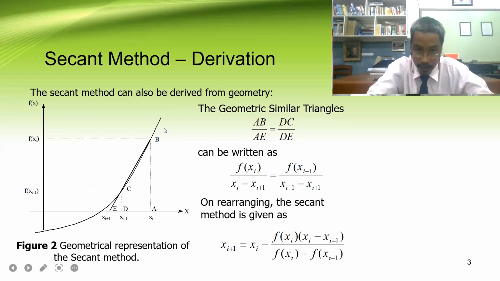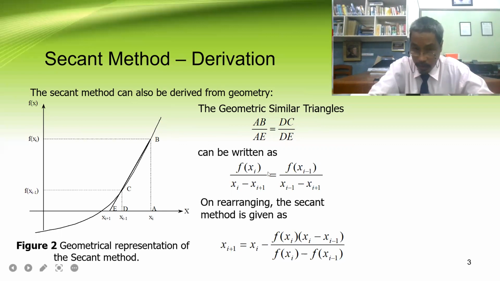So AB divided by AE, that is tangent, or the slope at xi, is equal to DC divided by DE, similar triangles. Take note, you have to review similar triangles in order to understand this one.